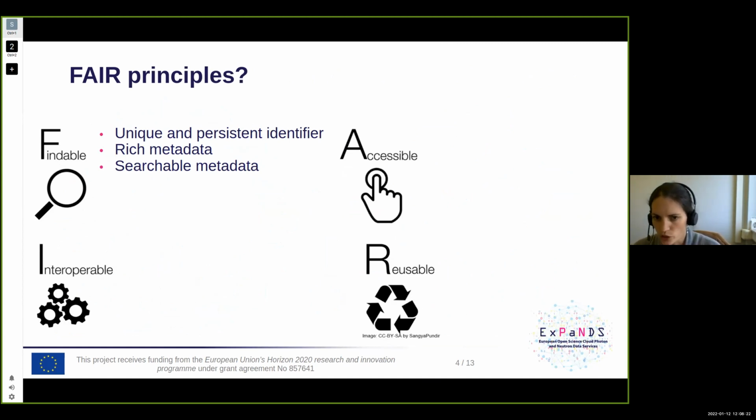We want to have rich metadata, and this metadata has to be searchable so we can find it. Once we found the data, it has to be accessible, so retrievable. That means you can download it, and possibly for a long time. So long-term preservation is one big aspect of accessibility. And if not the data itself, at least the metadata should be preserved in the long term.